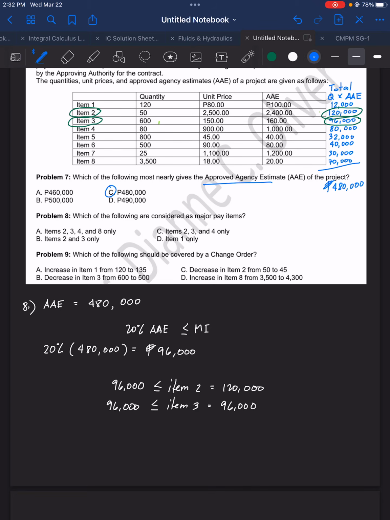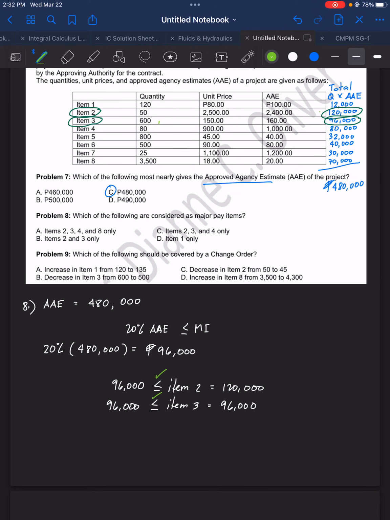Did it satisfy the condition for major item? For item number 2, yes, because item 2, 120,000, is greater than 96,000. How about item number 3? Item number 3, 96,000, is equal to 96,000, or the 20% of AEE. Therefore, we have items 2 and 3 as major pay items.